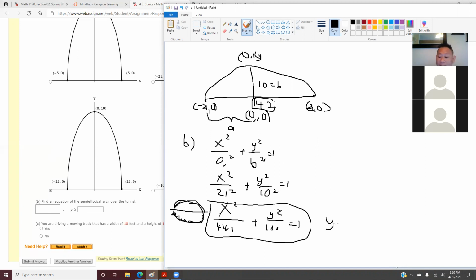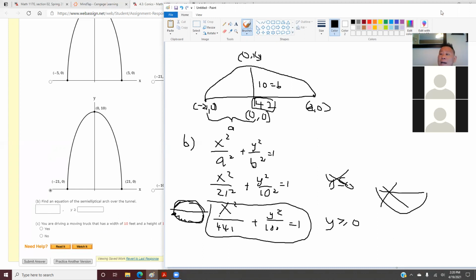So your y in this case has to be greater than or equal to 0. What that means is that your y has to be on the top side. If you put y less than or equal to 0, you're taking the bottom side. But we only do the top side here, so we use y greater than or equal to 0.